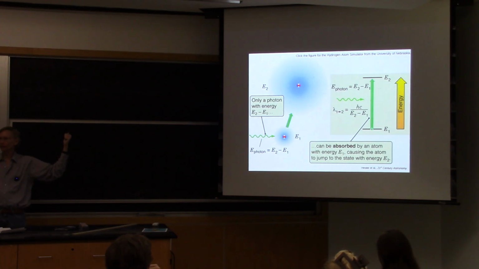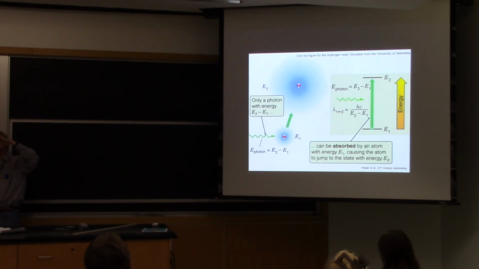And as a result, if you see a hot light source through the gas cloud, it'll be missing photons of that wavelength because they got redirected into other directions by atoms that ate them and then spat them out in some other direction. Does that make sense? Yeah, so that's what's going on there.